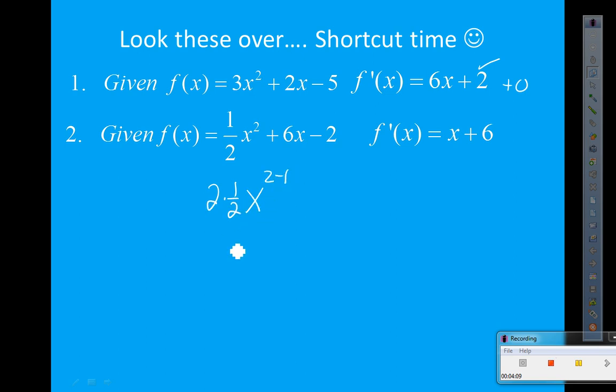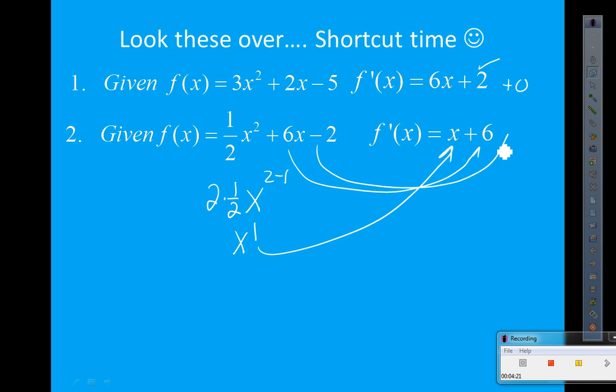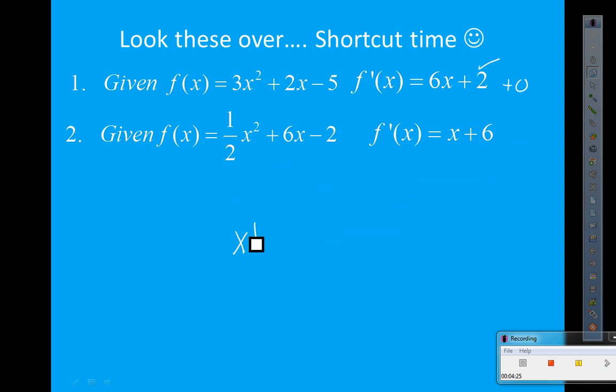So all of that simplifies to x to the first. Look what I got right there. The slope of the line y equals 6x is always 6. The slope of the line y equals negative 2 is always 0. So there's the derivative.